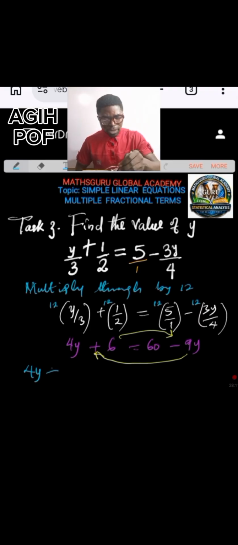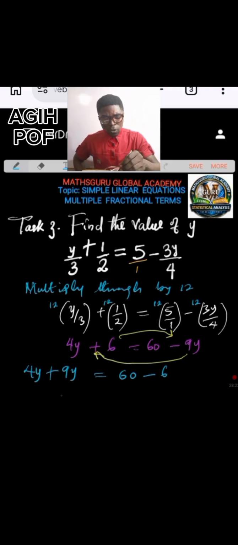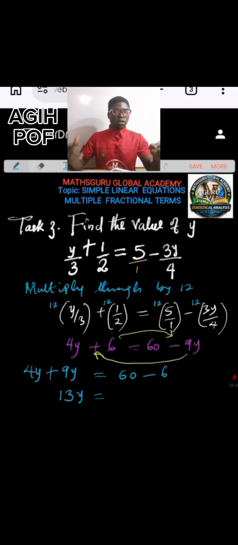So as it crosses the equation sign, it becomes positive 9y. And this will become 60 minus, this positive 6 is crossing now, so it changes to negative 6. So we're going to be left with 13y equal to 60 minus 6, which will give us 54.